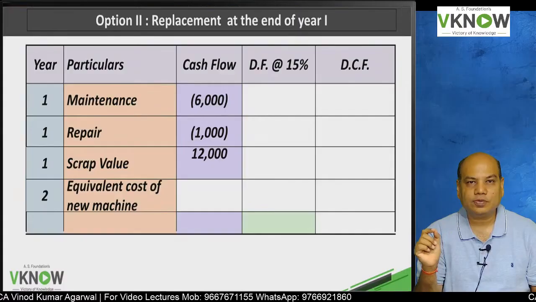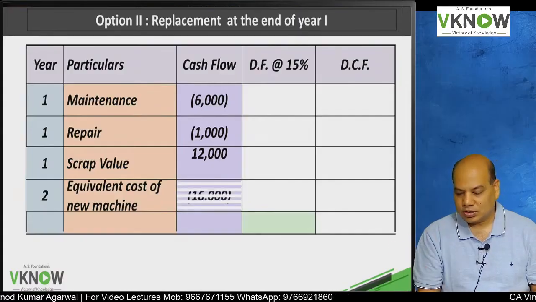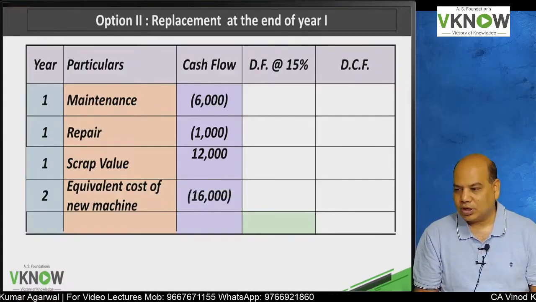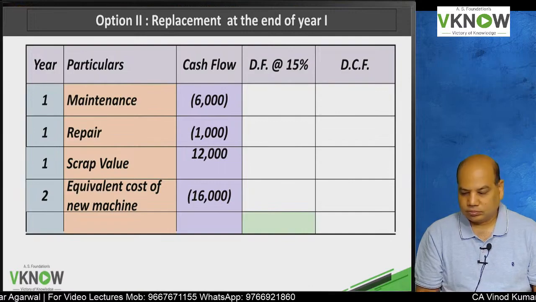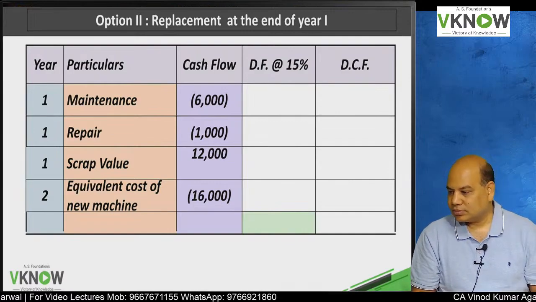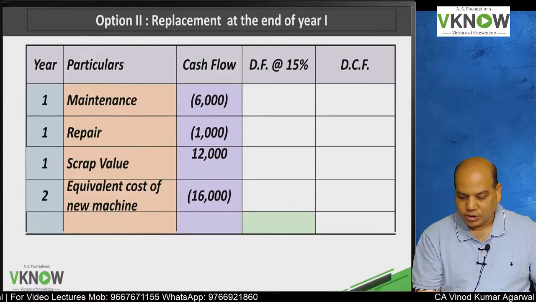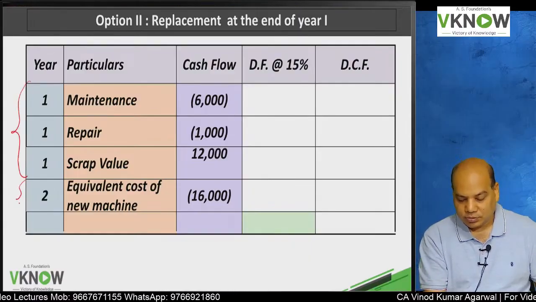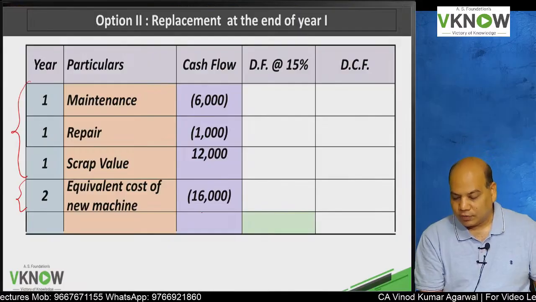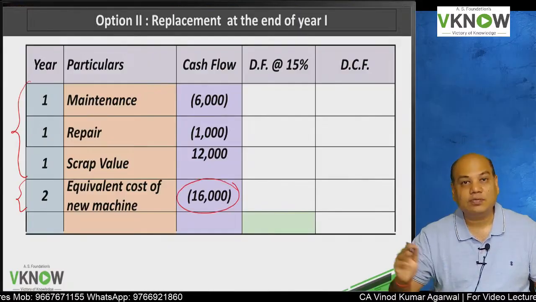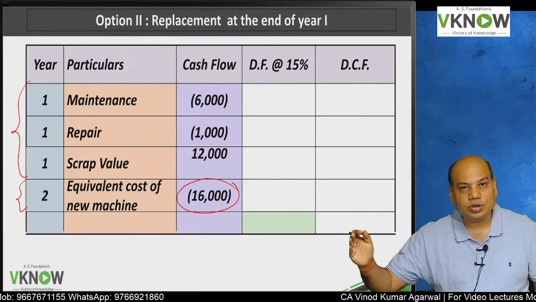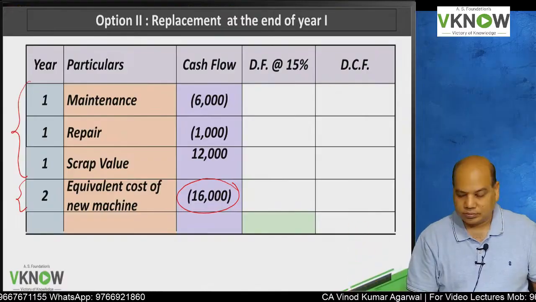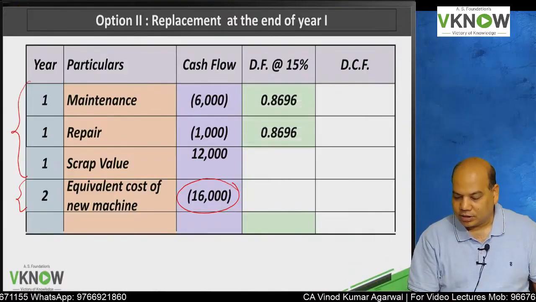The cash flow of the new machine per annum is 16,000 rupees, already calculated, right? From third year onwards till infinity you are going to incur 16,000 every year. Now please write the factors.